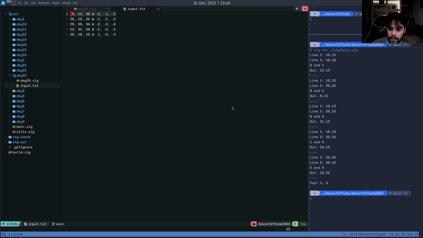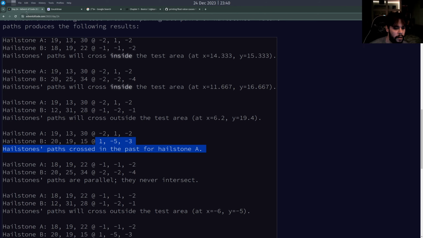What line 2? Line 2 is 4. 20, 19, 1 minus 5, so it's going to be negative gradient 2. So that's 0, 4, which is 19 and 20. Crossing the path first on A.